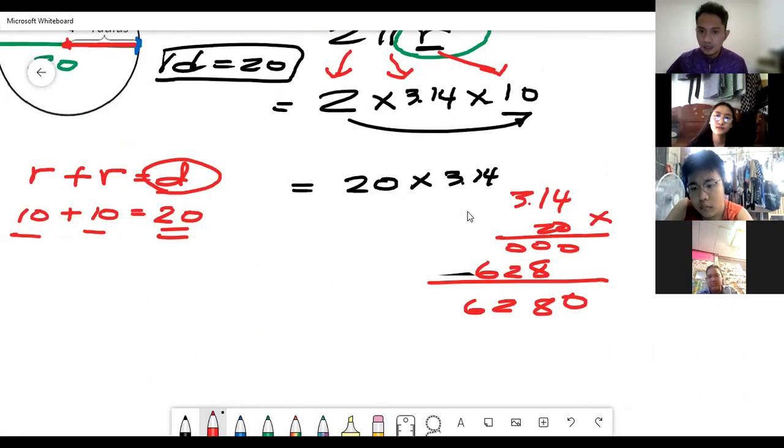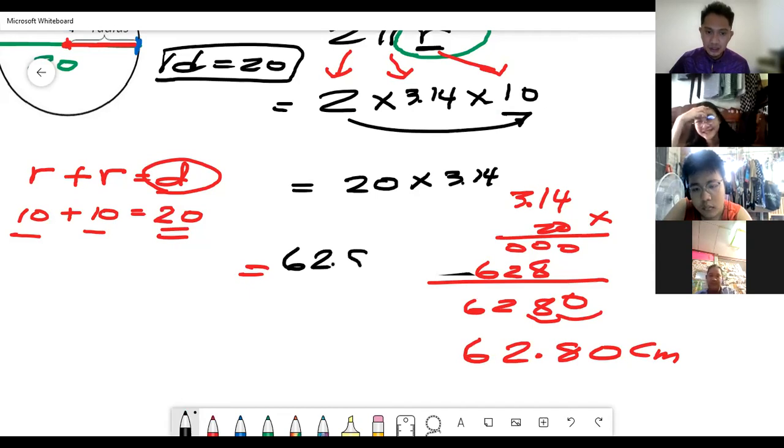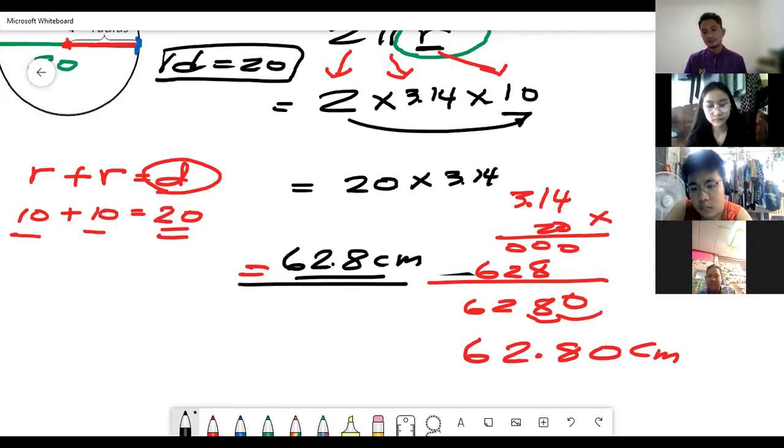How many decimal points? 1, 2. So that is 62.80, or 62.8 centimeters.